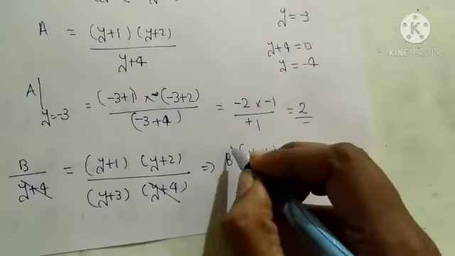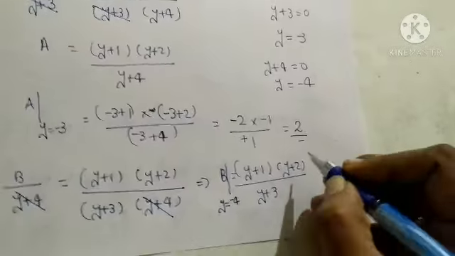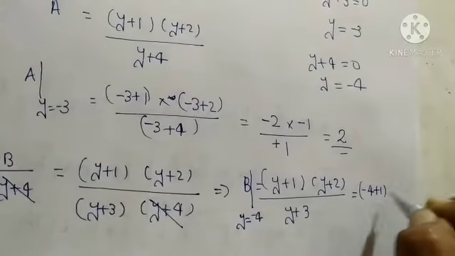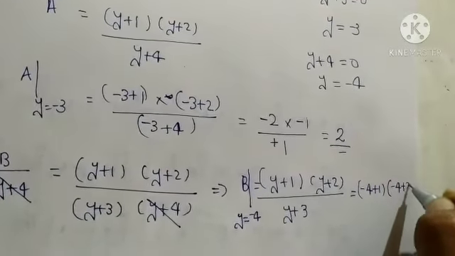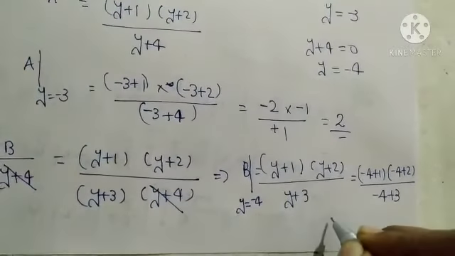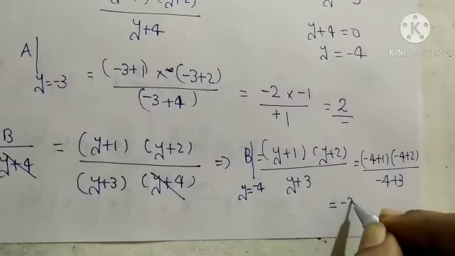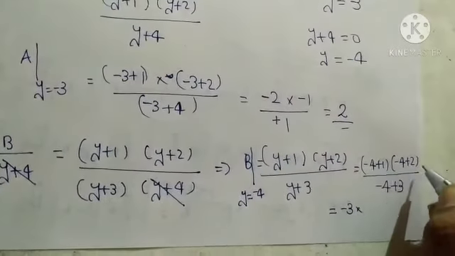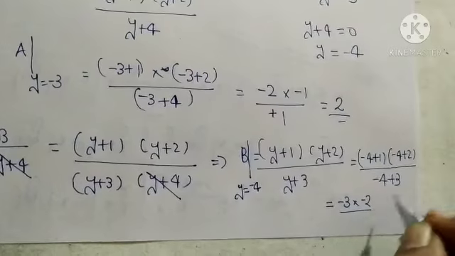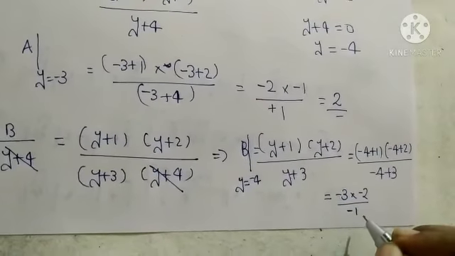So substituting y equal to minus 4 in b, here we get minus 4 plus 1 into minus 4 plus 2 divided by minus 4 plus 3, and this is further equal to minus 4 plus 1 becomes minus 3, into minus 4 plus 2 becomes minus 2, divided by minus 4 plus 3 becomes minus 1.